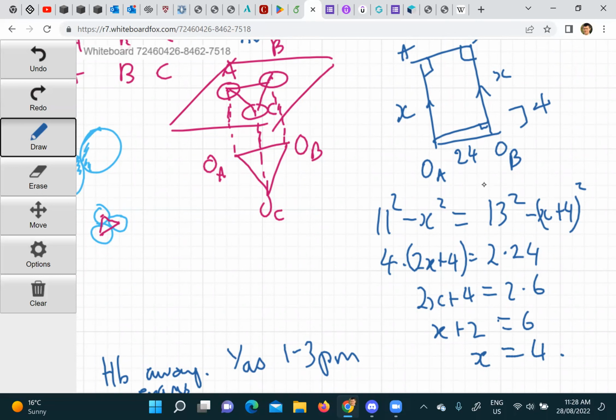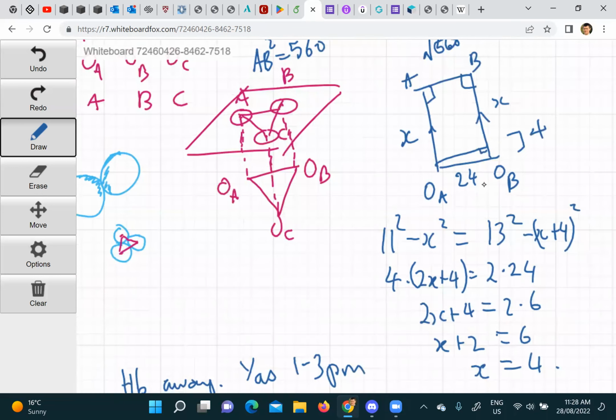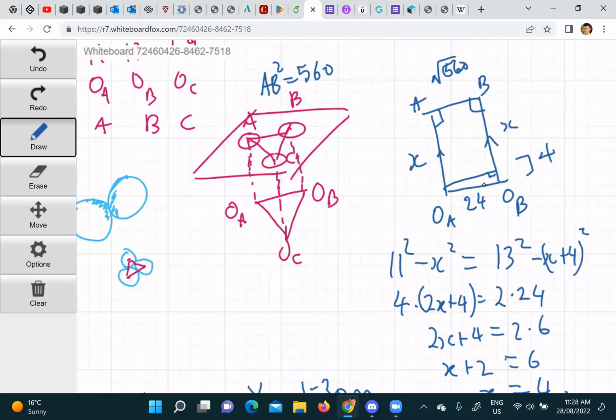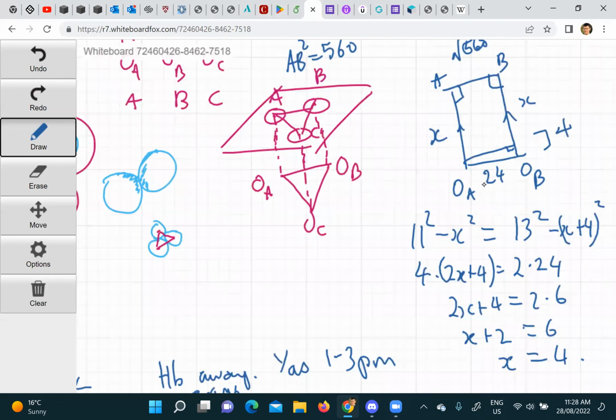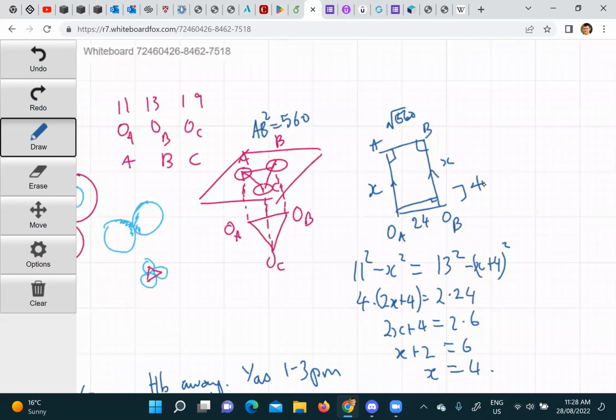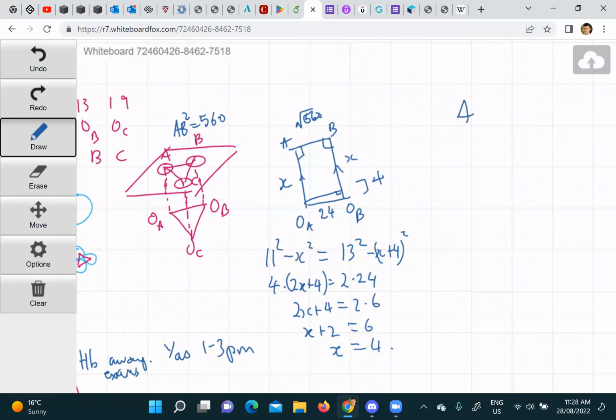Okay, now we just spin it around to AC. But this time you don't have the heights. This time we go from one of the heights to get the other height. So which one do we want to look at now? OA, OC, plane AC.